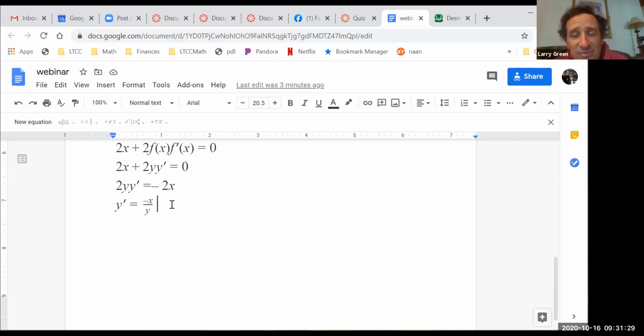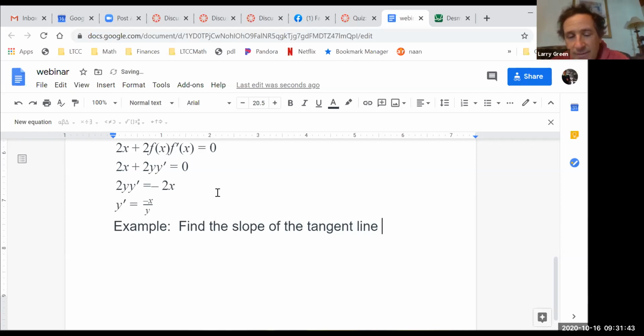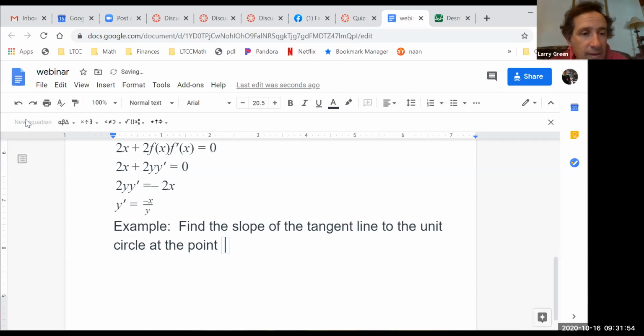All right, so the idea is we can now find out. So for example, find the slope of the tangent line to the unit circle at the point one half comma square root of 3 over 2.